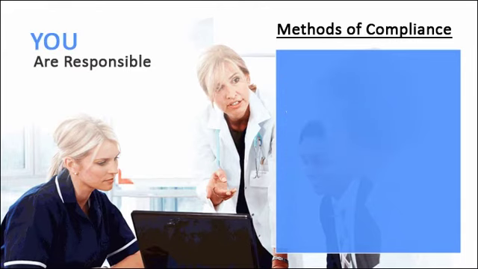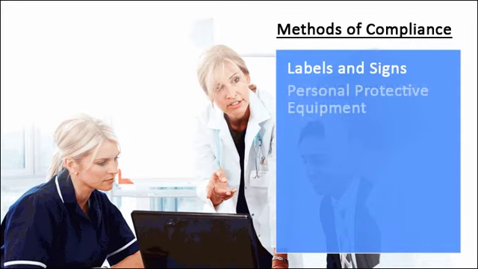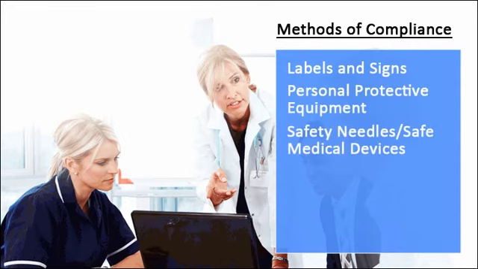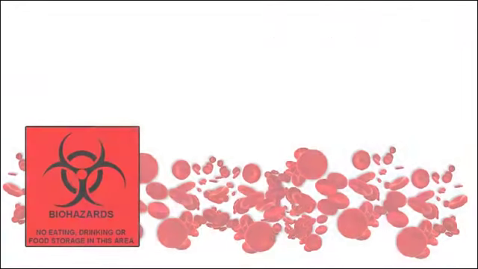You are responsible for reporting any engineering controls you see that need attention. Methods of compliance include warning labels and signs, personal protective equipment, engineering controls such as safety needles and other safer medical devices, sharps disposal containers, and waste containers and bags. We will go through each of these methods now.